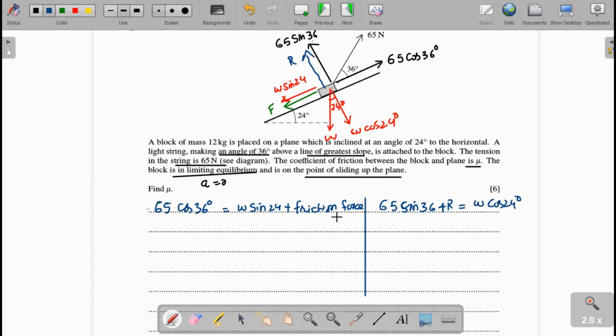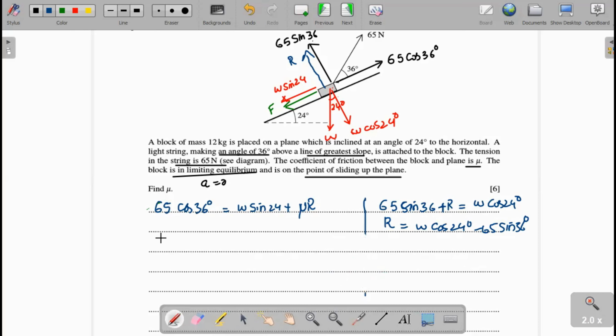Now the frictional force is mu R. Here R is equal to W cos 24 degree minus 65 sine 36 degree. And mu R is equal to 65 cos 36 degree minus W sine 24 degree.